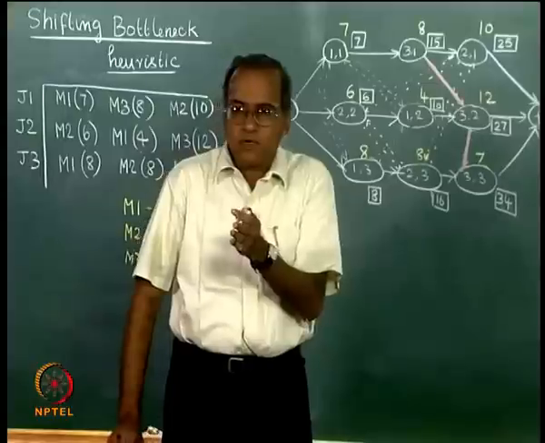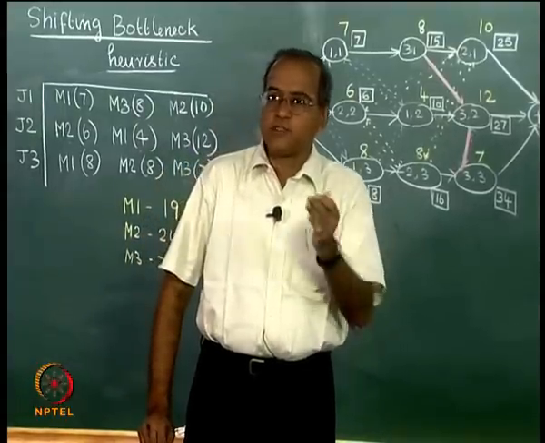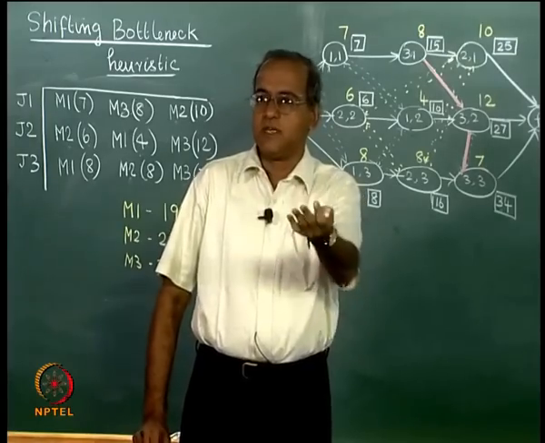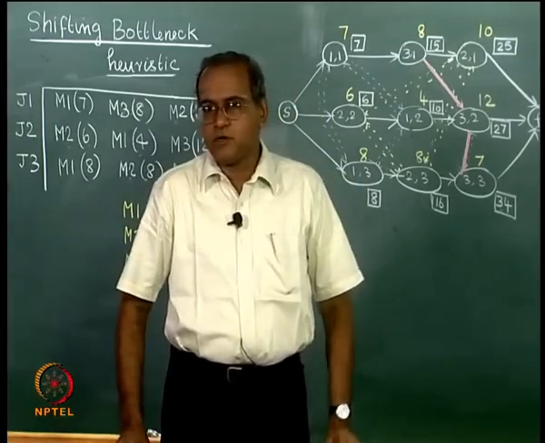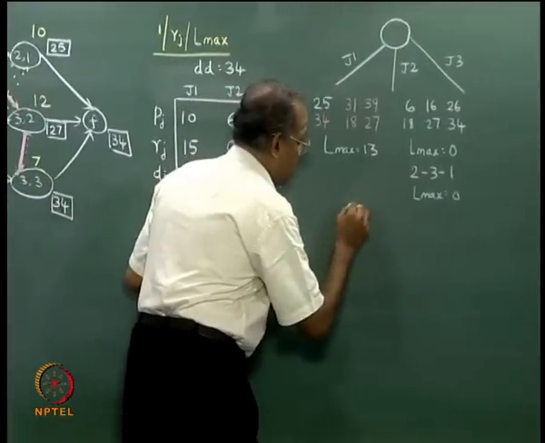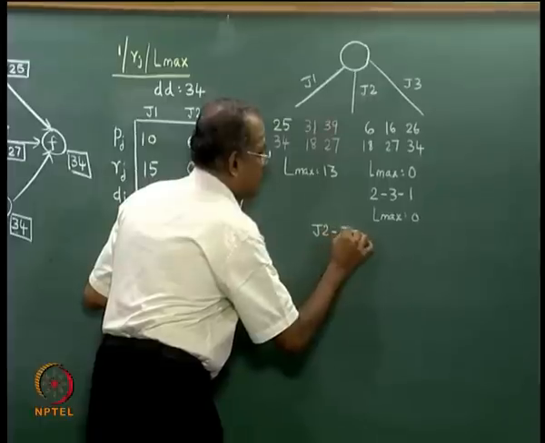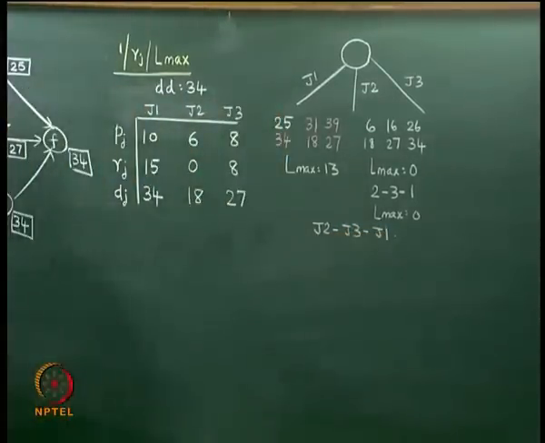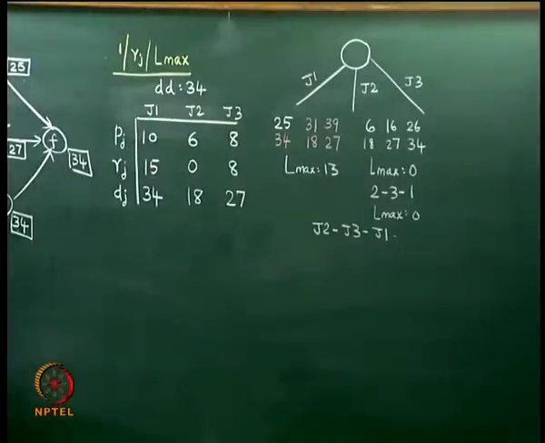For a maximum tardiness problem, if you have a feasible solution with maximum tardiness equal to 0, then it is optimal. So, we could stop right here and say that the sequence on M2 is J2, J3 and J1. So, it is J2, J3 and J1.